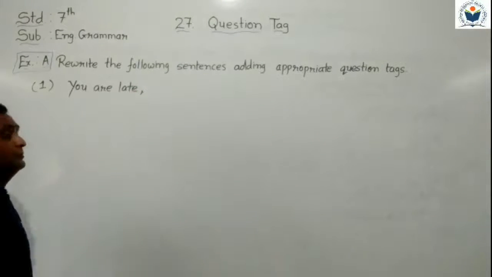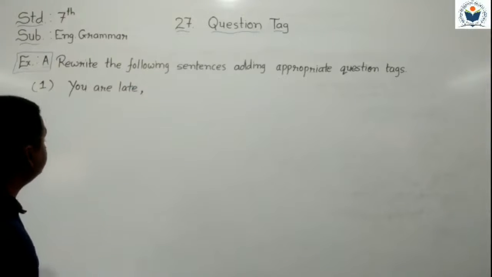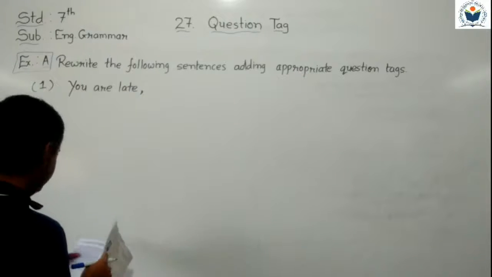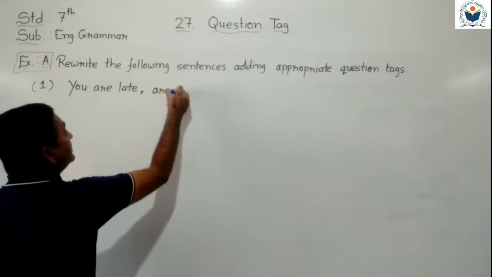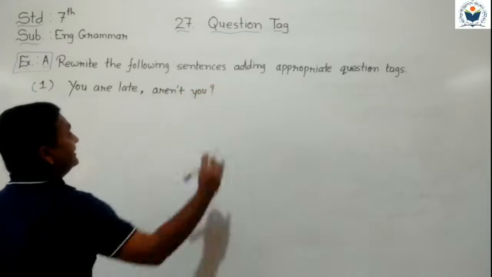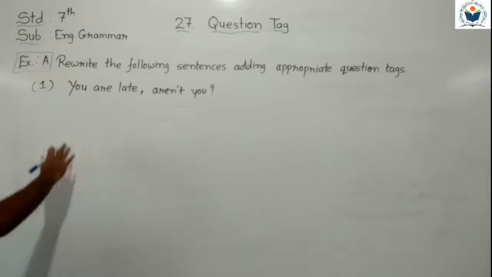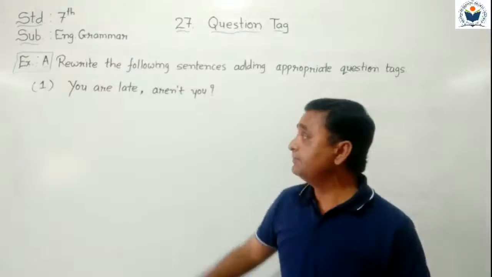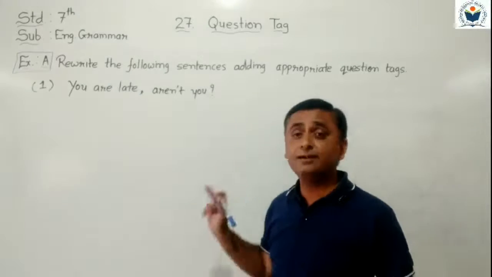After that we have to put a compulsory comma here. Then the sentence is given in a positive sense, so we have to make the negative form, are not, short form: aren't, then you. Question mark sign. So now it is converted into question tag form. You are late, comma, aren't you. It's the finalized answer for you. Complete the answers in your grammar textbook as I have written. पूरा आंसर आपको लिखना है.